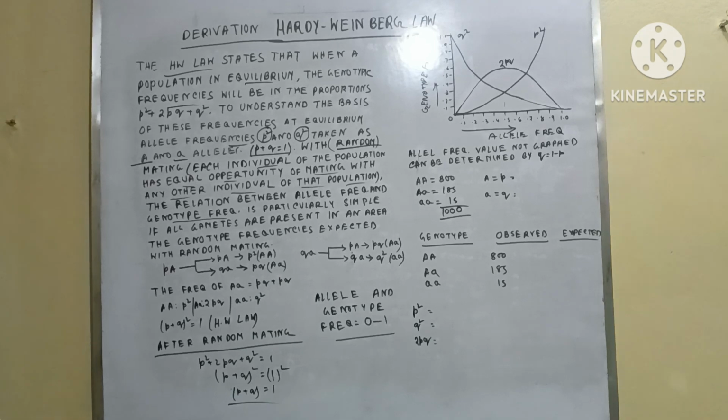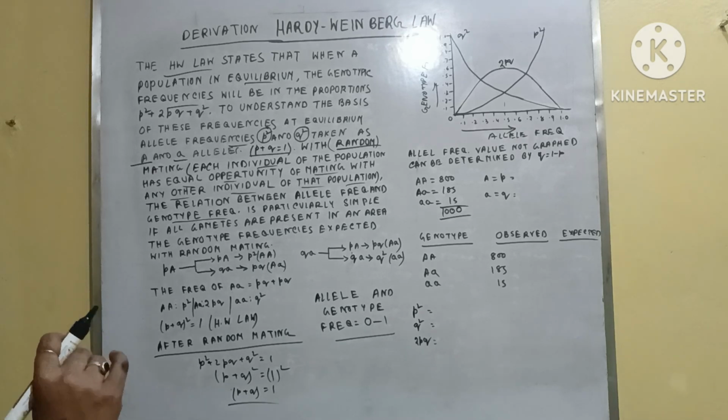Any individual of a population can mate with another individual that remains within this population. So if all gametes are present in an area and random mating is taking place, what will be the expected genotype frequencies?